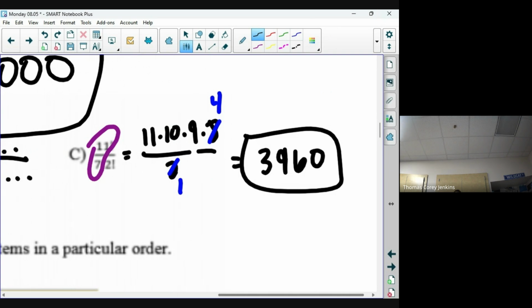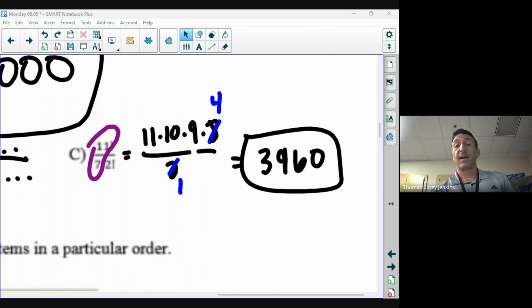Okay. And again, I could do the cancellation, or I could try to type it in as it's written, right? So that would look like this: 11, and then math, and then probability, and then factorial divided by. Here's where I got to be slick though. If I'm just typing it in, I got to know I got to open parentheses or it's going to be messed up, right?